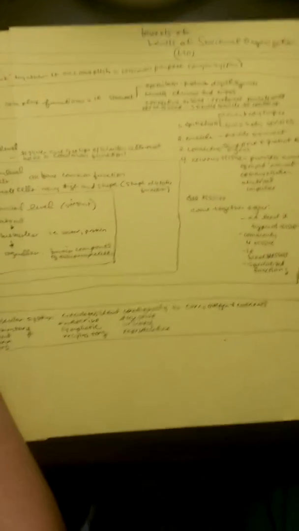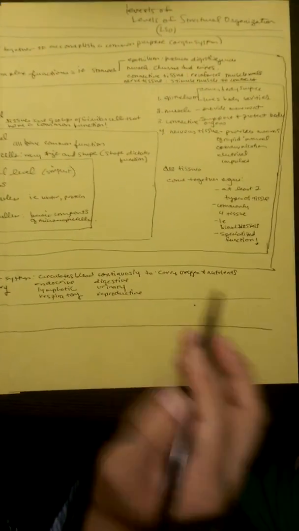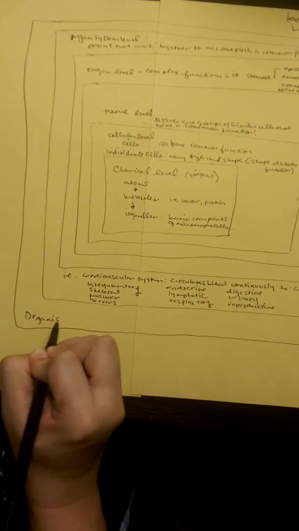All together, we have the highest level of organization. So the highest level of organization is the organismal level. I'll go ahead and put it here because it's so special.